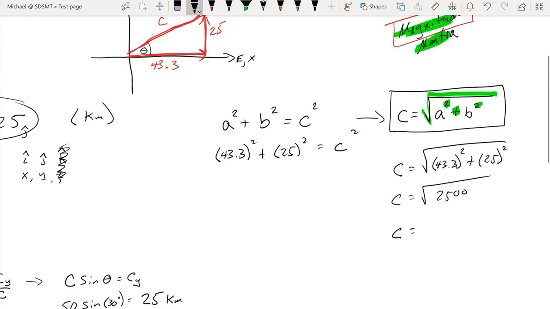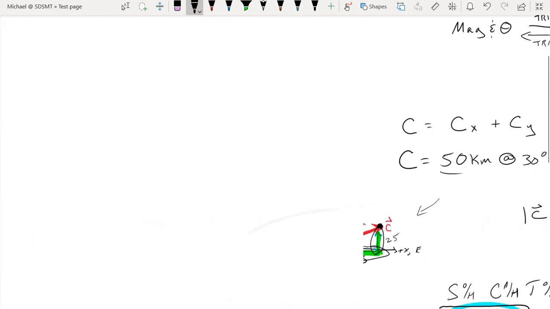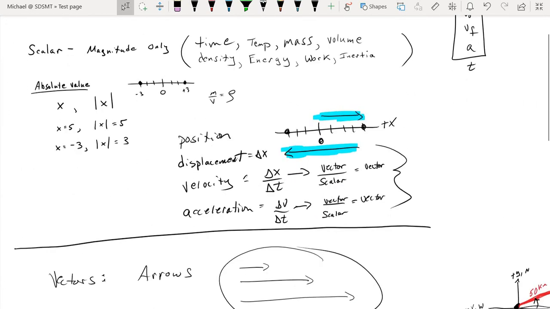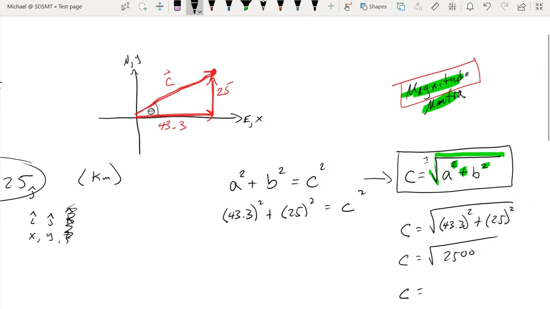And whenever you have a square root, keep in mind that there's the possibility of having a plus or minus solution. But for us, a magnitude, remember what a magnitude is. A magnitude is an absolute value, and an absolute value can only be positive.